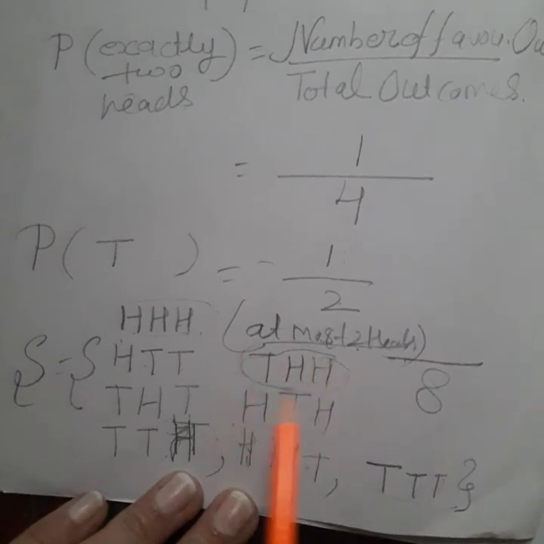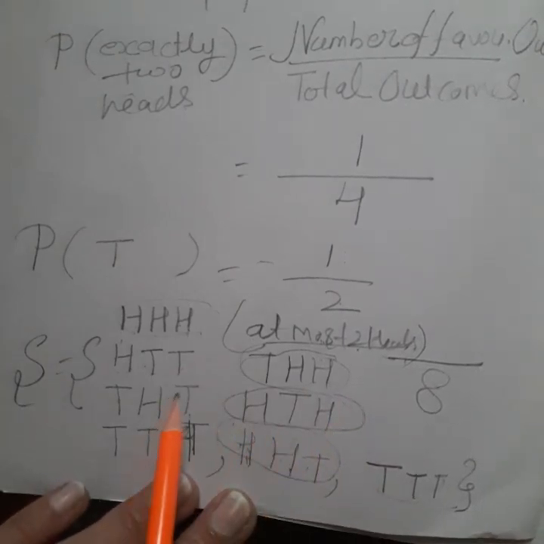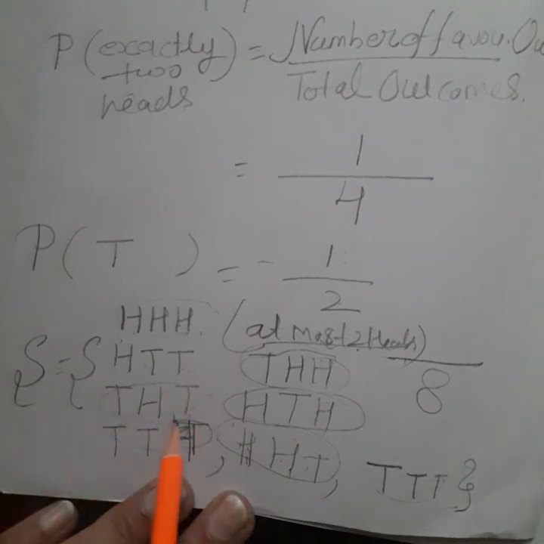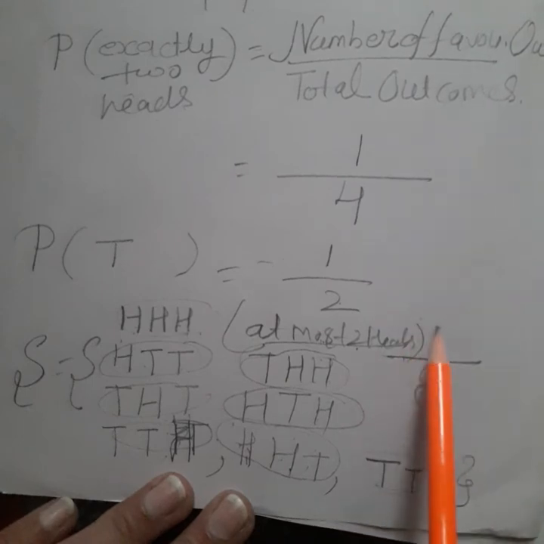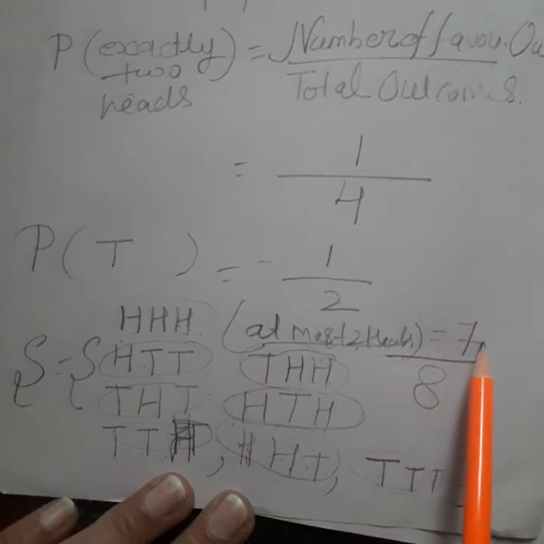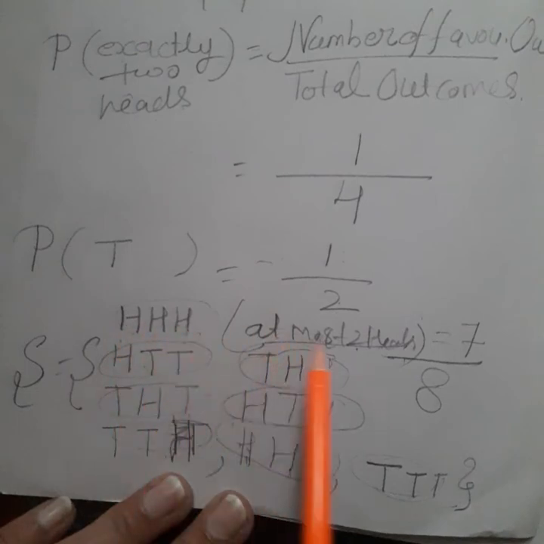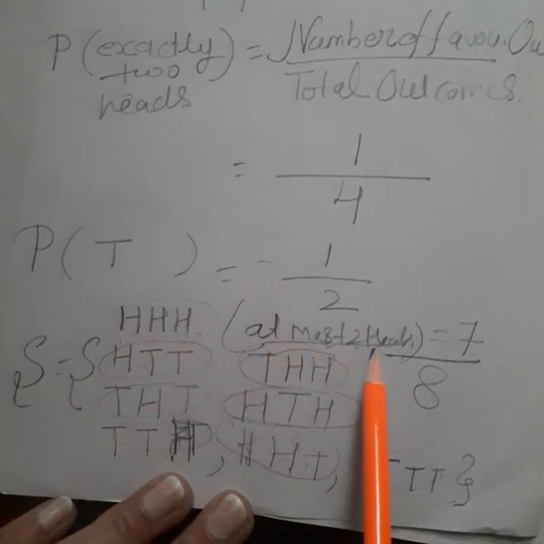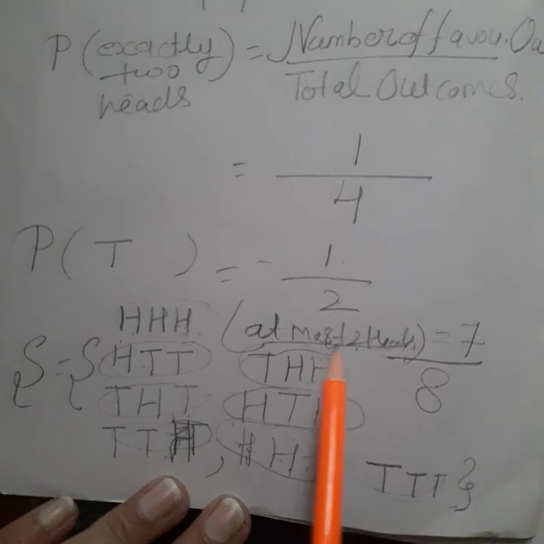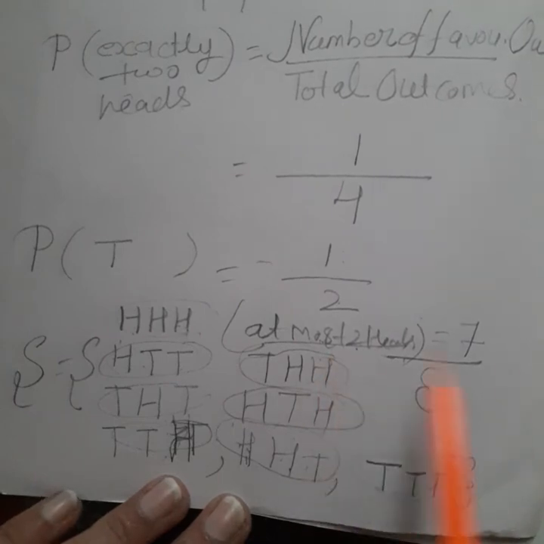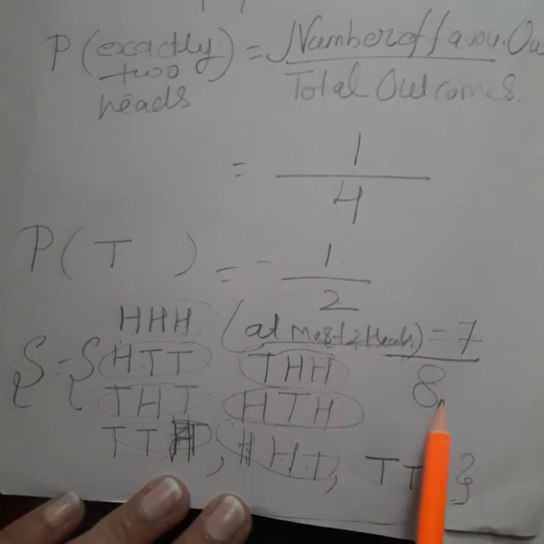So this is the first possibility, second, third, fourth, fifth, sixth, and seventh. We get 7 possibilities overall, but we cannot take 3 heads because at most 2 heads means we can't take more than 2 heads. Then our answer is 7 by 8.